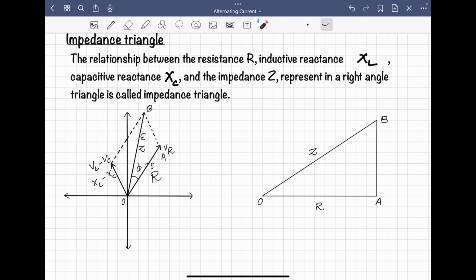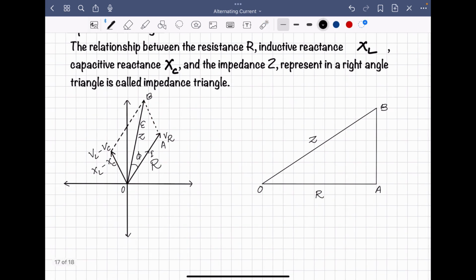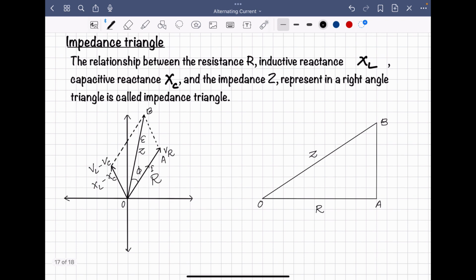Then this side and this side are equal. In place of AB we can also write XL minus XC. So this is our XL minus XC. Yes or no? Just write down here XL minus XC.